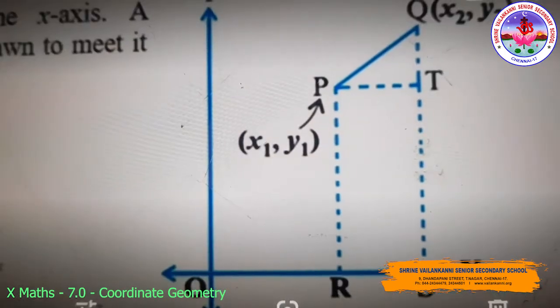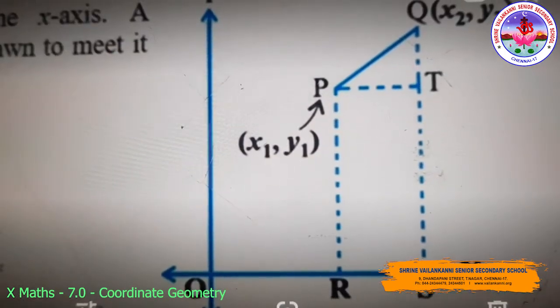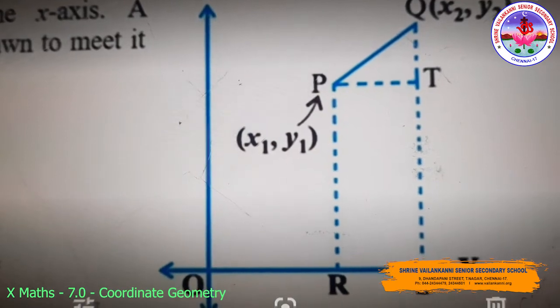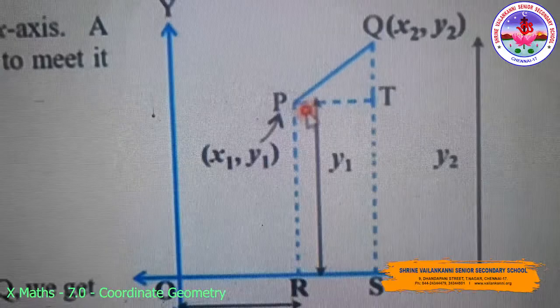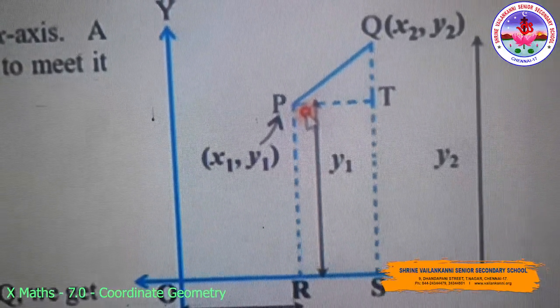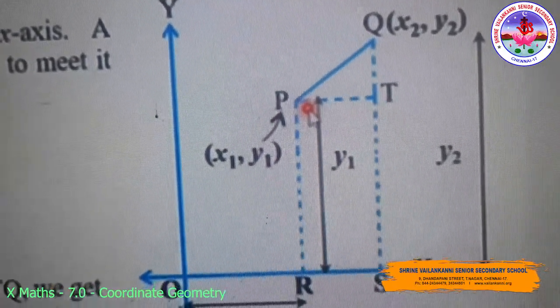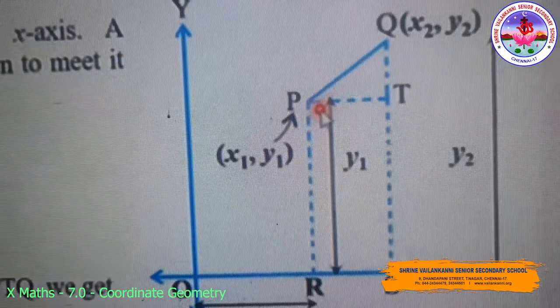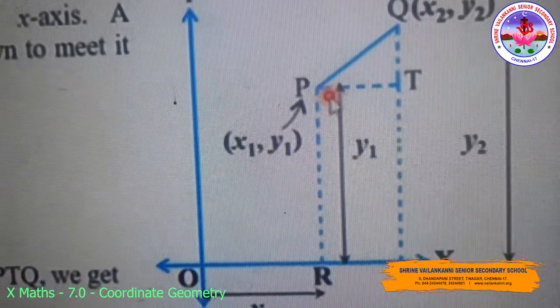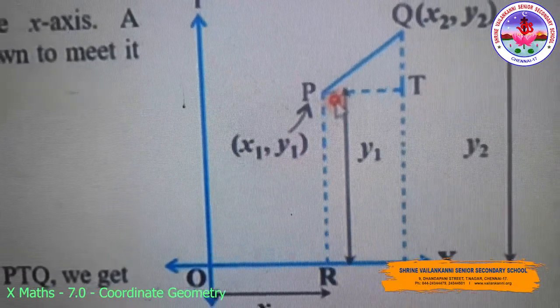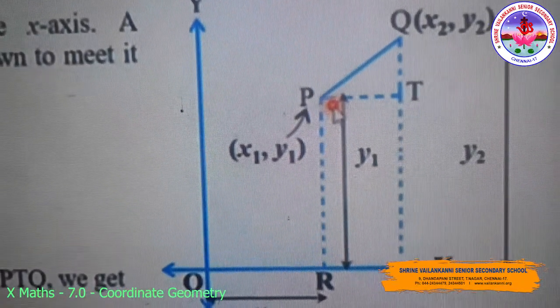To find the value of PT, I need to find the value of RS. In the figure, to find RS, I have to subtract OS minus OR, where OS will be the x-coordinate of point Q and OR will be the x-coordinate of point P. Similarly, QT is QS minus TS.